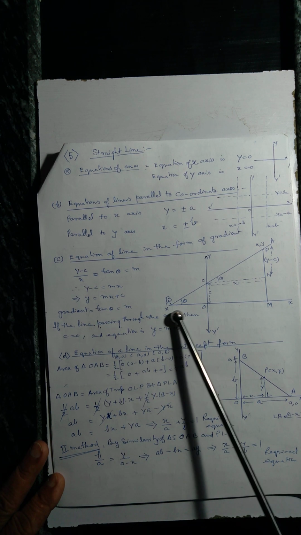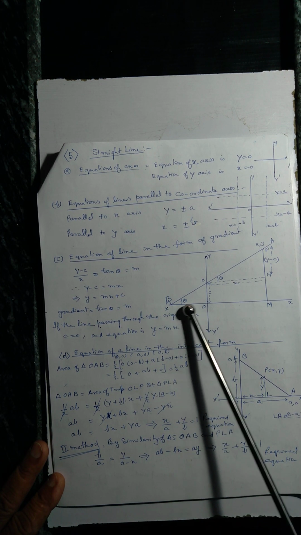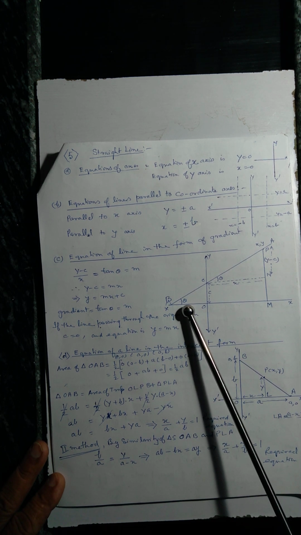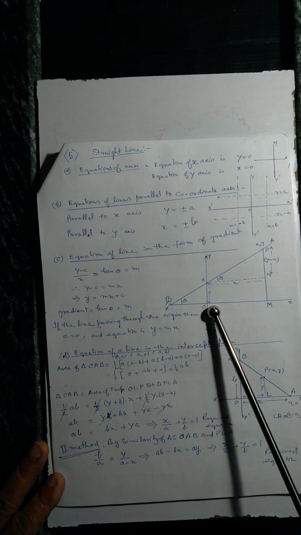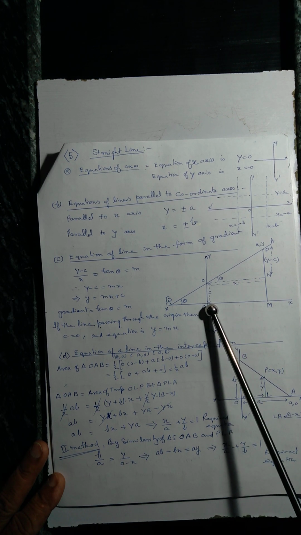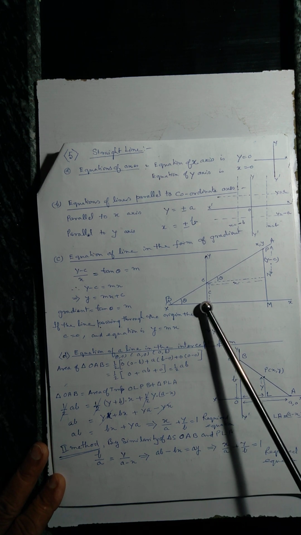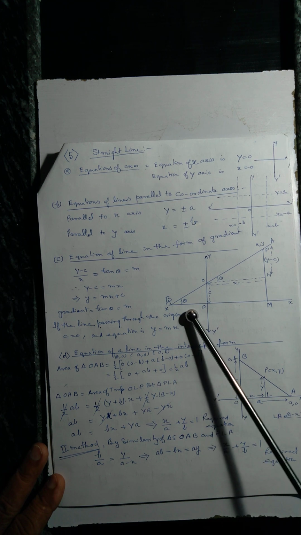Now equation of the line in the form of gradient. You see there is a line AB which makes angle theta with the x-axis in the positive direction and cuts an intercept on y-axis, that is C. C is the intercept on y-axis on the line AB.